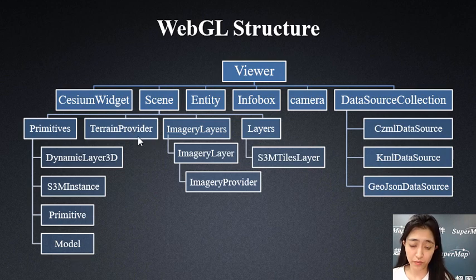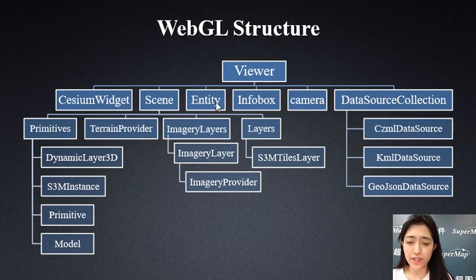The terrain provider can add terrain data, the image layers can add image data, and the layers can add the S3M tiles layer. All of these are added to the viewer through the scene node.